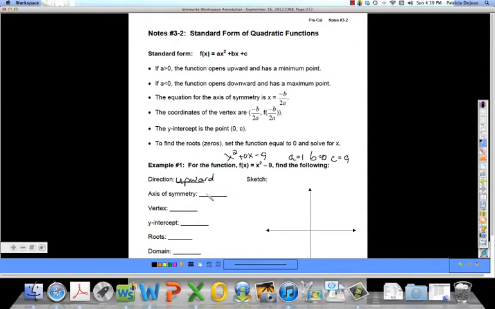The axis of symmetry will be negative b over 2a, which is negative 0 over 2 times 1, or negative 0 over 2, which is 0. So the axis of symmetry is x equals 0, which is the y-axis right here.